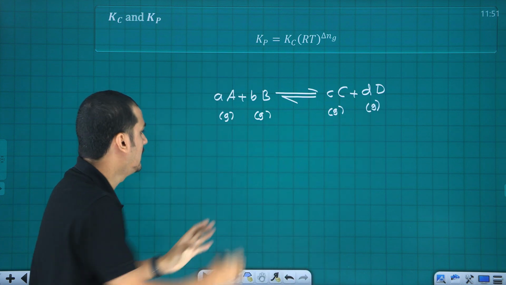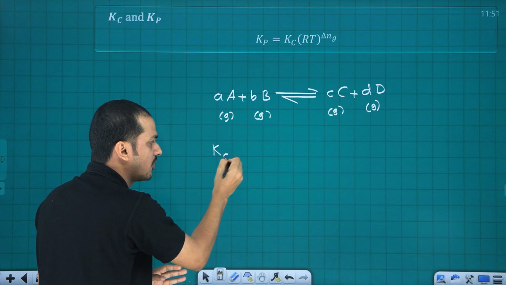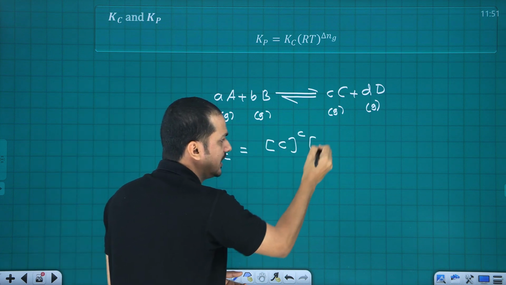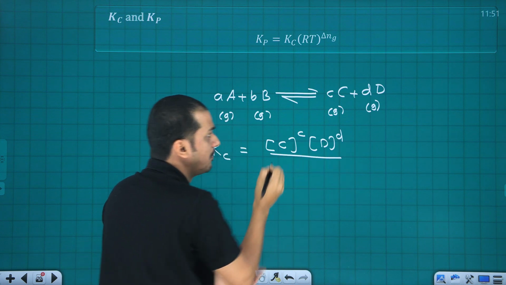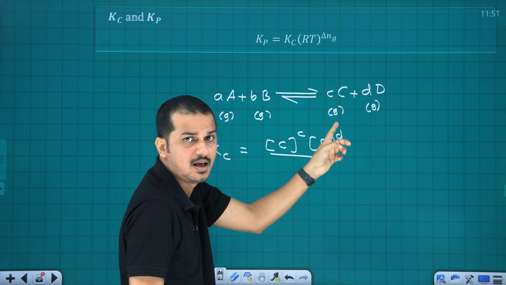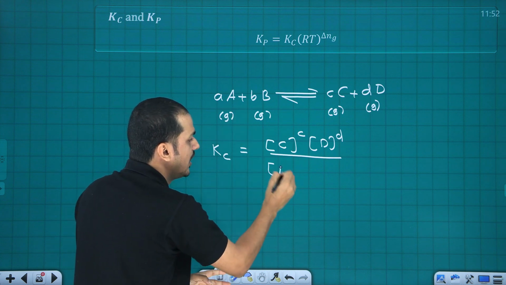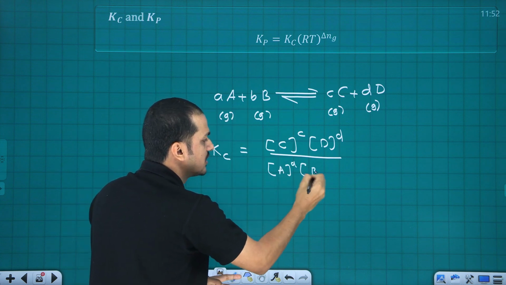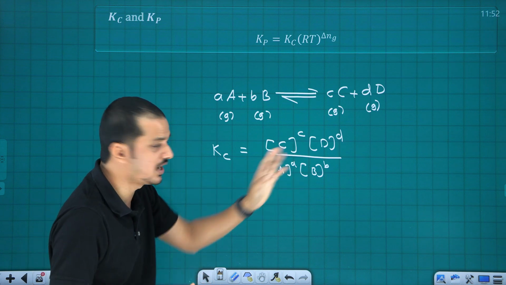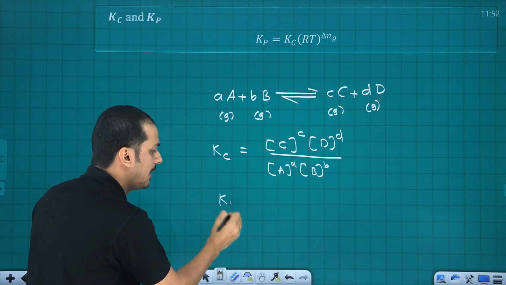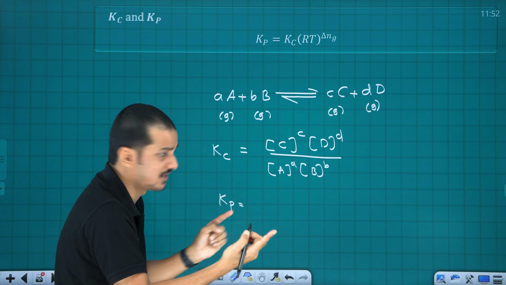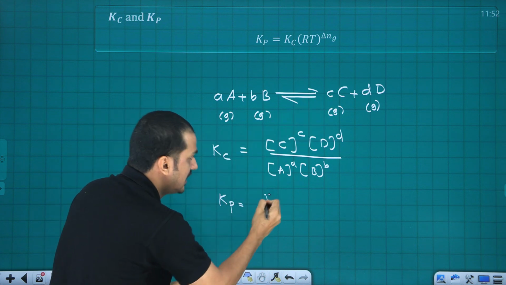Then the equilibrium constant in terms of concentration: Kc equals concentration of C raised to c into concentration of D raised to d, divided by concentration of A raised to a into concentration of B raised to b. Products I write first, and their stoichiometric coefficients are raised as powers. And Kp, in terms of pressure, since these are gases, we use partial pressure instead of concentration.